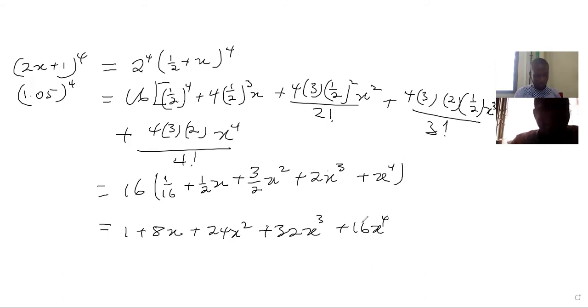What did you get for x? With x I had 0.05. When I expanded, I think there's a problem with that answer, the 0.05, there's a problem with it.